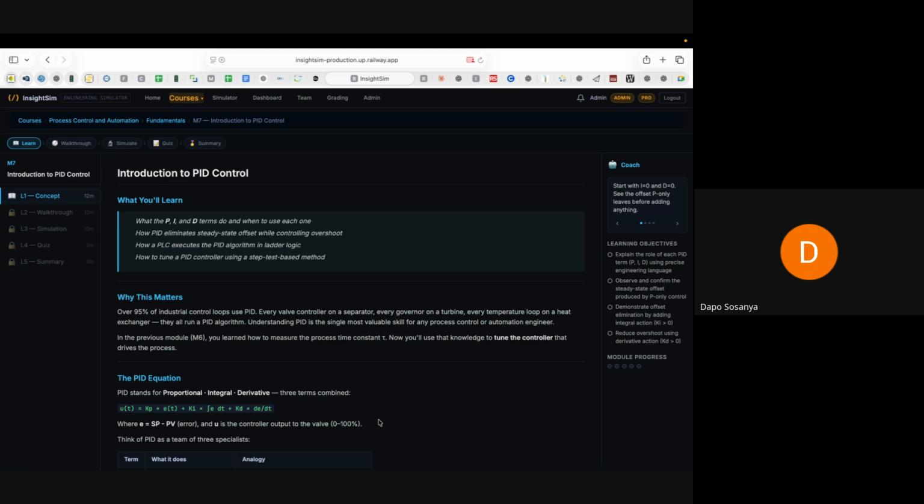Again, this is Insight Sim. It's a training simulator, which myself and my team developed. We're presently testing it.